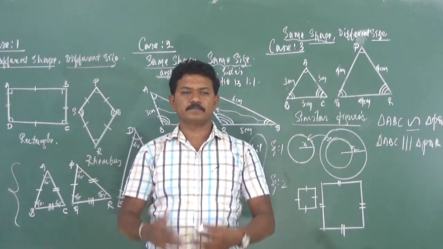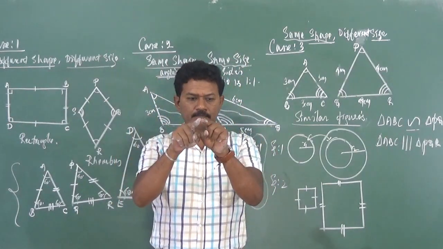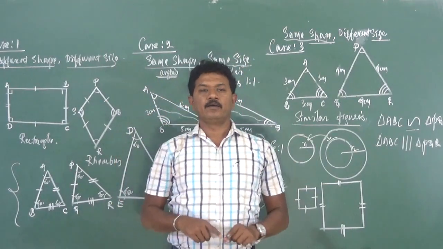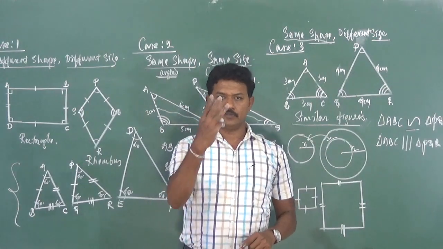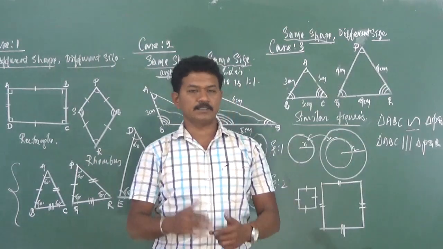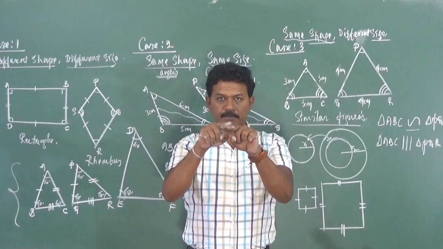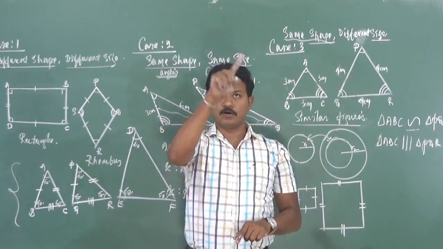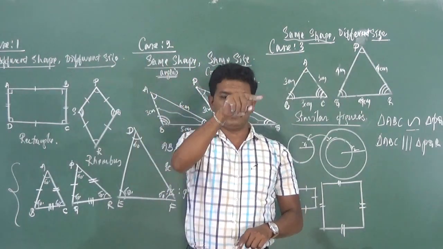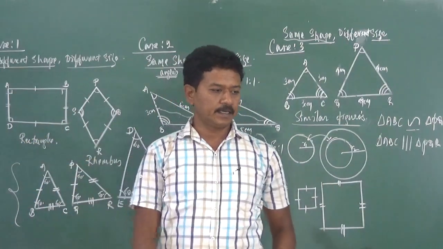Go on, imagine. A polygon is a closed figure which is bounded by 3 or more line segments, because a basic polygon is a triangle bounded by 3 line segments, or 4 or 5 or 6, something like that. The number of sides goes on increasing, right?